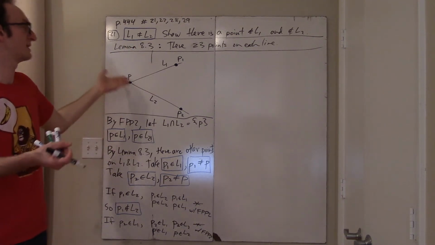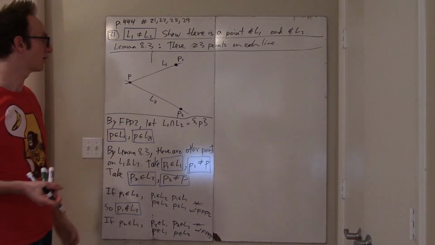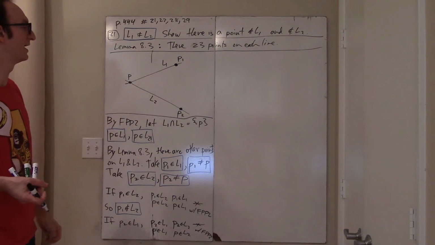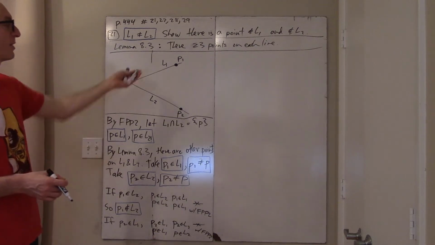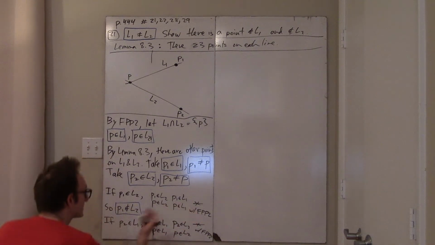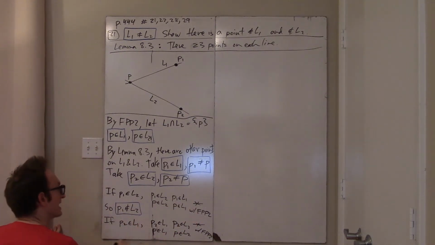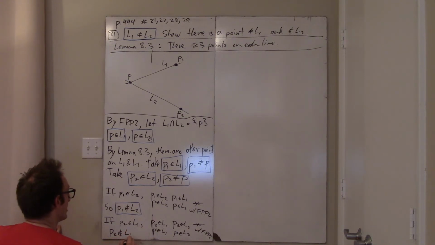But L2 is the line through P and P2. So L1 can't be the line through P and P2 because L1 and L2 are different. But I don't know, maybe this way where you write everything out in tiny little steps is more clear. What we have just established now is that P2 is not on L1.